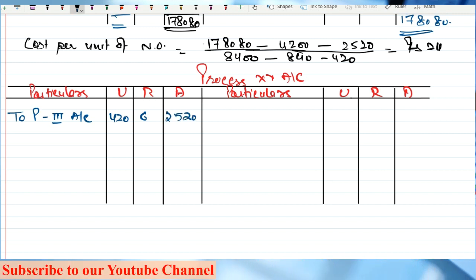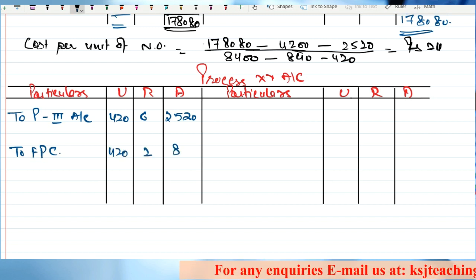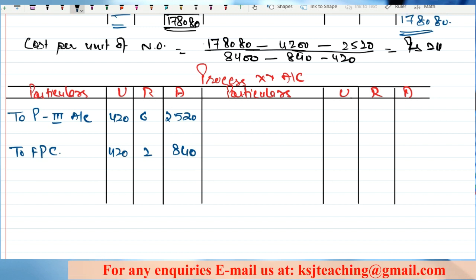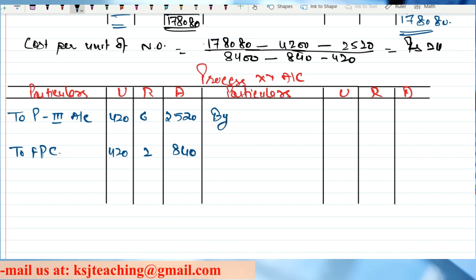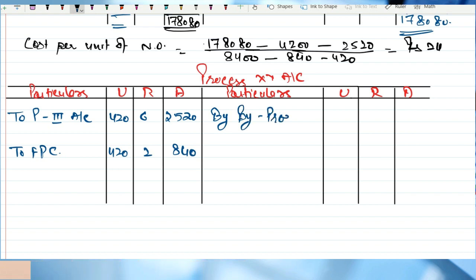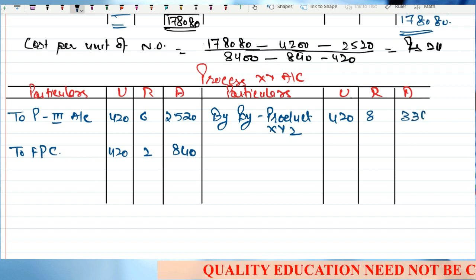Now you will incur some further processing cost in it, further processing cost, right, on 420 units at the rate of 2, 840, right? After further processing, what you will get is byproduct XYZ, that is 420, 8 rupees is going to be the price, and 3360.